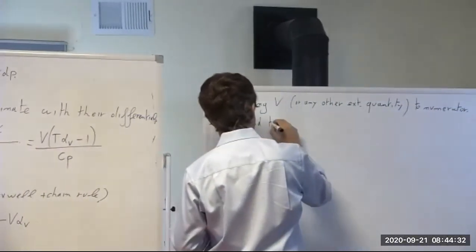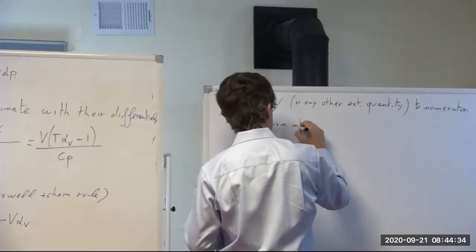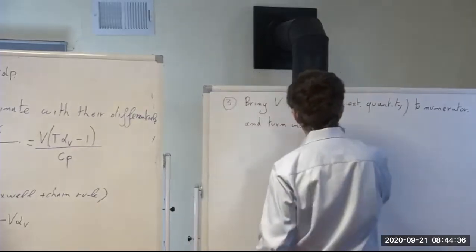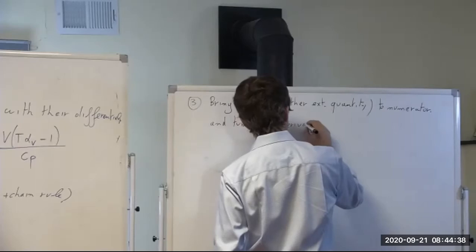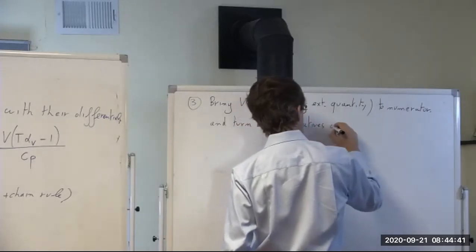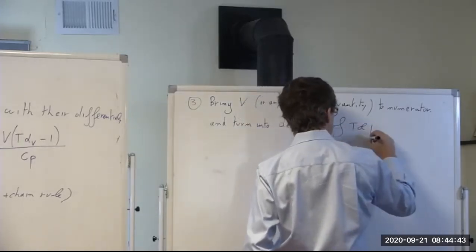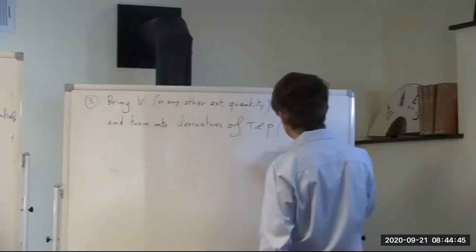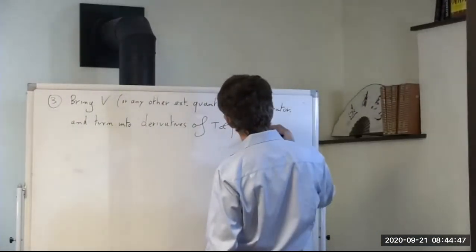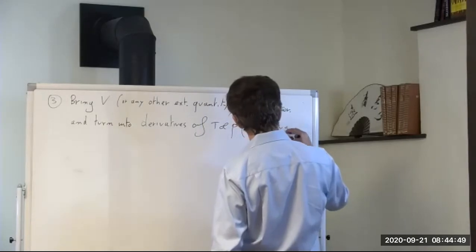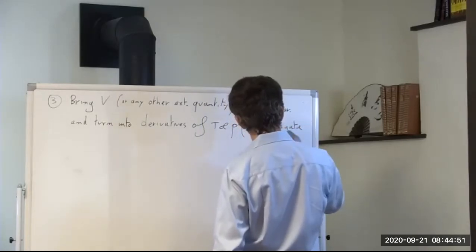And you turn derivatives of T and P, or in general, T and the conjugate of the extensive quantity.